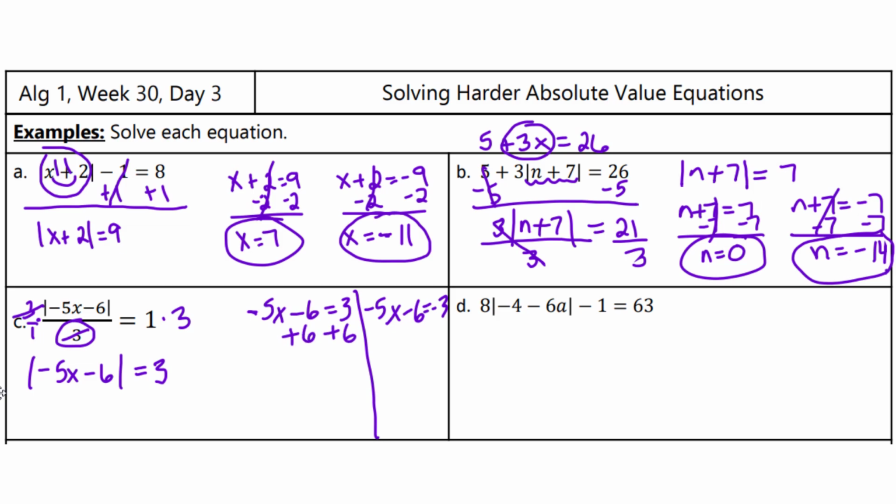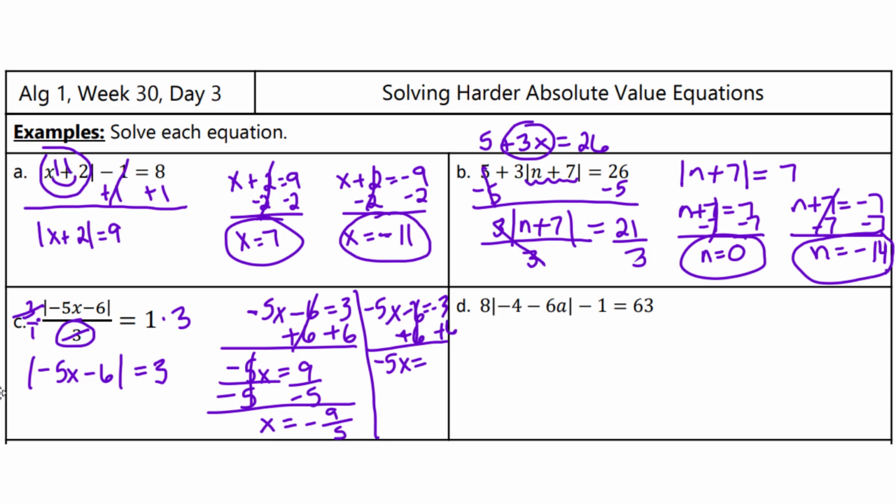So plus 6. And we're going to get a fraction here. Negative 9/5. And this one, I don't know if I have enough room, but I'm going to give it a try. So x equals negative 3/5.